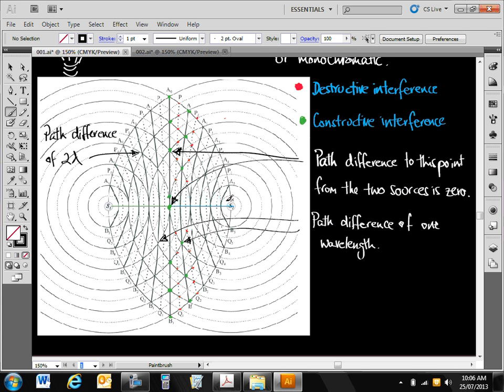So imagine, here's half a wavelength, 1.5 wavelengths, 2.5 wavelengths, 3.5 wavelengths, 4.5 wavelengths to that point there from source 2, and from source 1, 1 wavelength, 2 wavelengths, 3 wavelengths, 4 wavelengths, 5 wavelengths. So through this region here, PQ, P1, Q1, we have a path difference of half a wavelength.